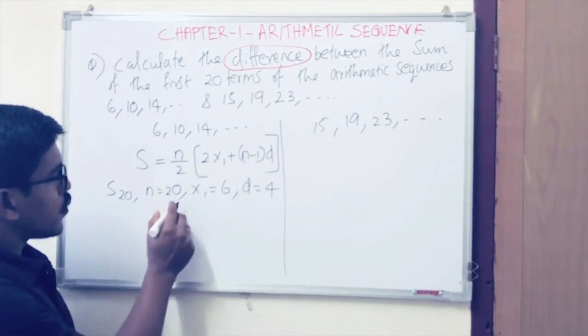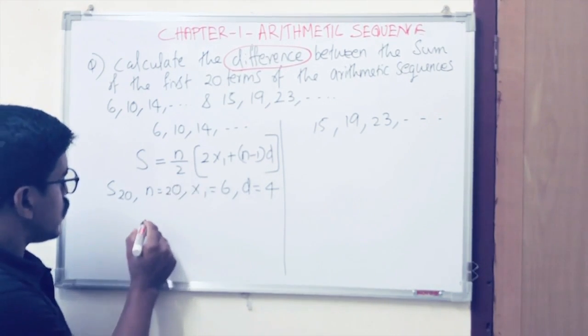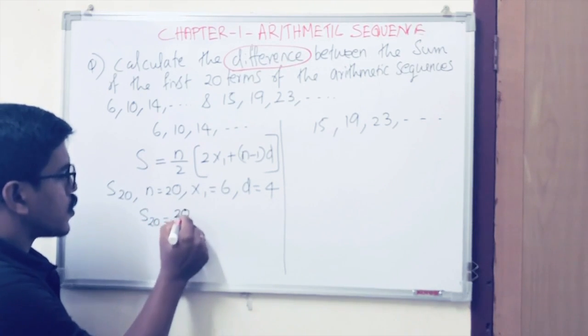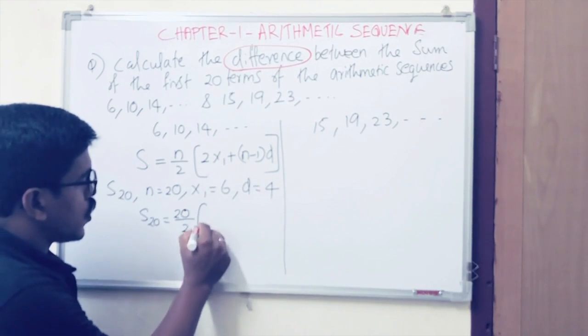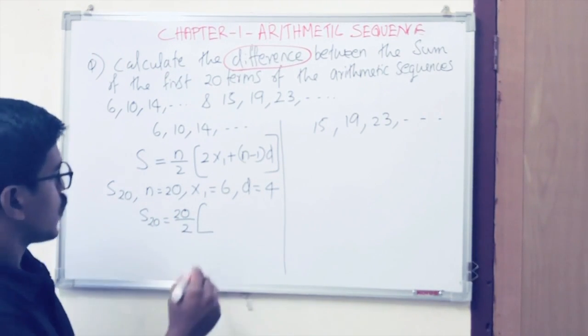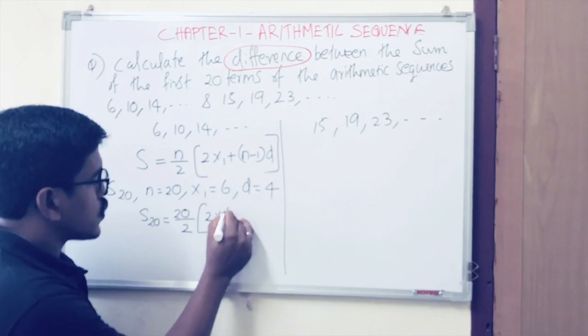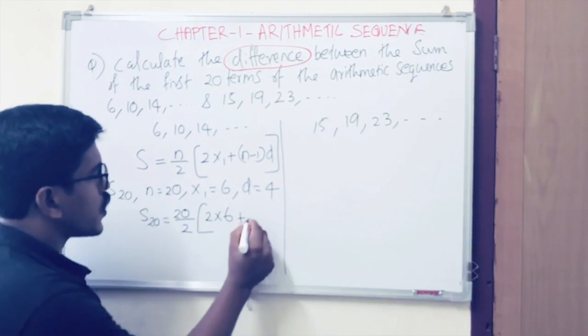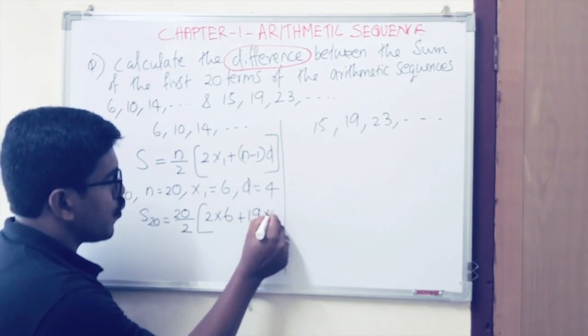Now we can apply all these details in this equation, that is S20 is equal to 20 by 2 into (2 into 6 plus (n minus 1), that is 20 minus 1, 19 into 4).